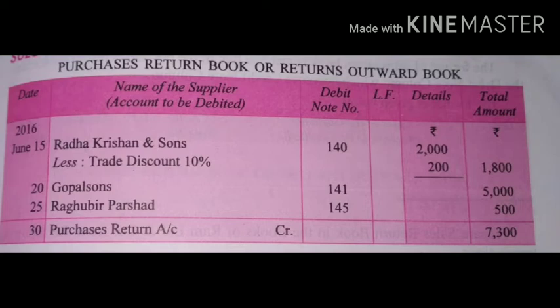Then because it had given us this 10% trade discount, that will be deducted, and 1800 will be shown in the total amount column. It means his account will be debited with 1800.